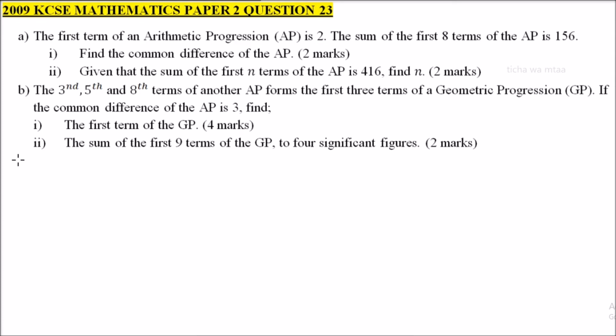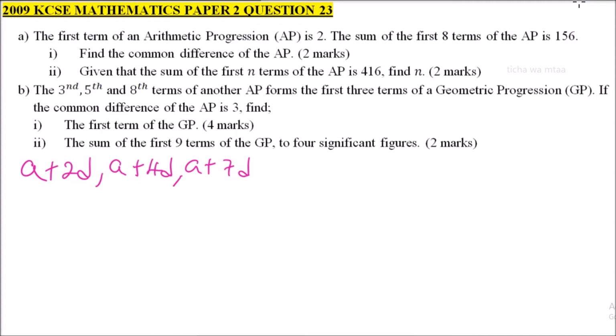The third term of the AP is a plus 2d, the fifth term is a plus 4d, and the eighth term is a plus 7d. This forms the first 3 terms of the GP.